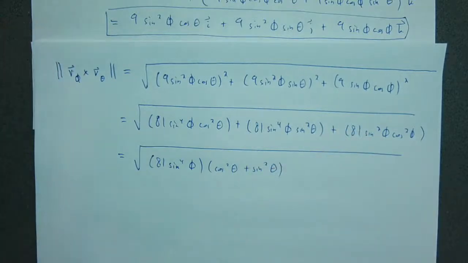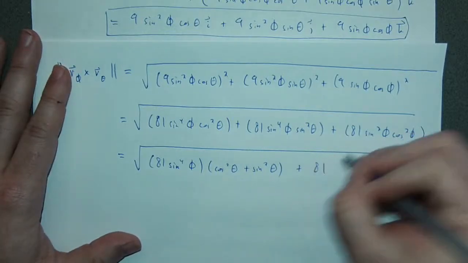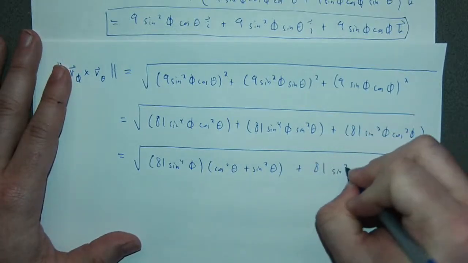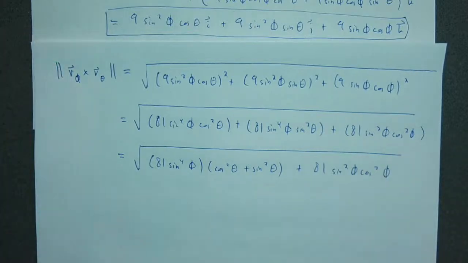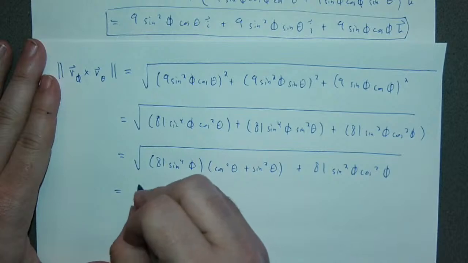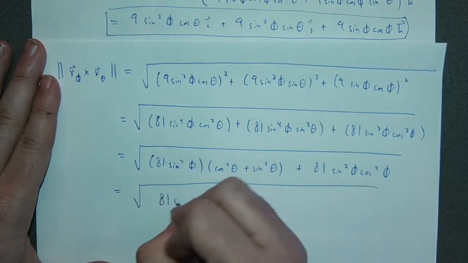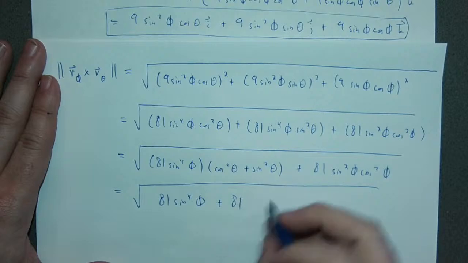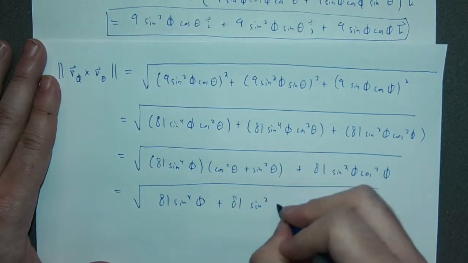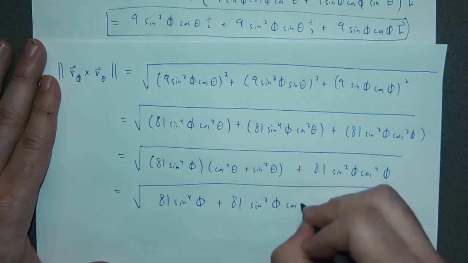Hey, that's 1, so that's nice. Plus 81 sine squared phi cosine squared phi. And so this becomes the square root of 81 sine to the fourth phi plus 81 sine squared phi cosine squared phi.